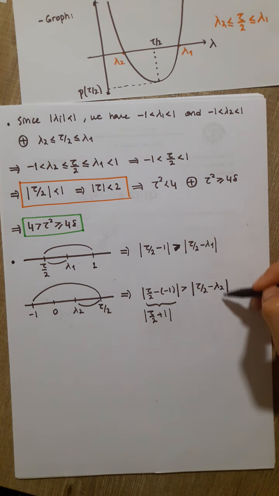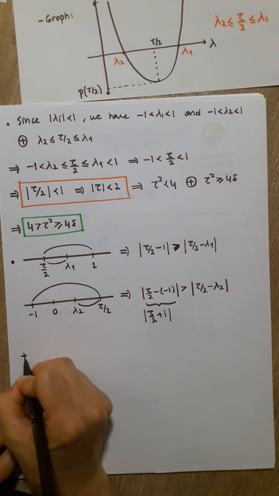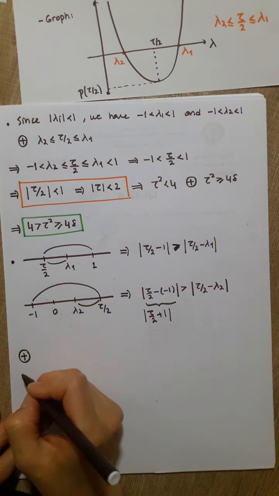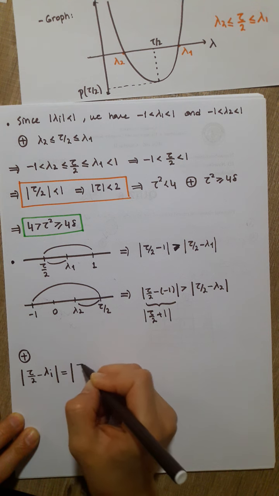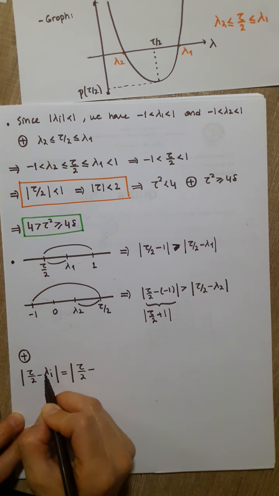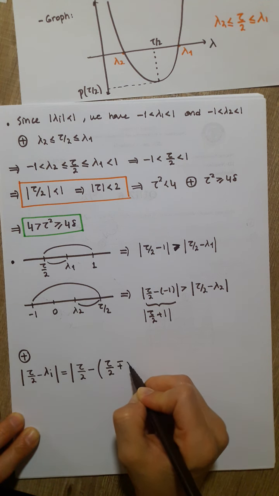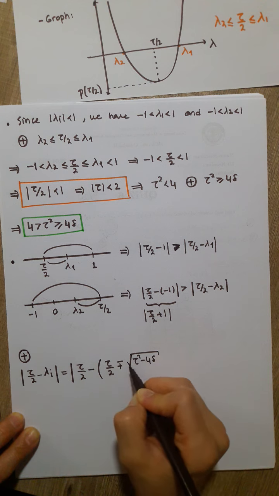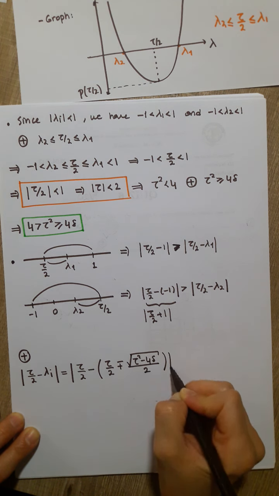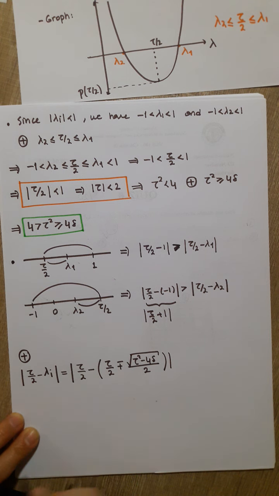Now I want to analyze these sides. Plus tau over 2 minus lambda I. What should it be? I have tau over 2 minus lambda I is the following: tau over 2 minus plus square root of tau squared minus 4 delta over 2, in the absolute value, and this will cancel, right?